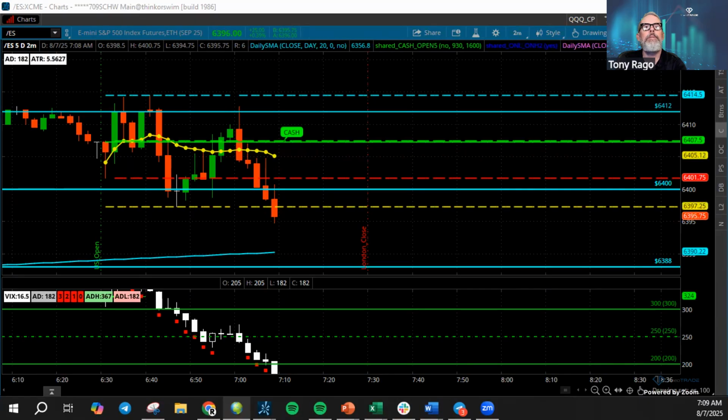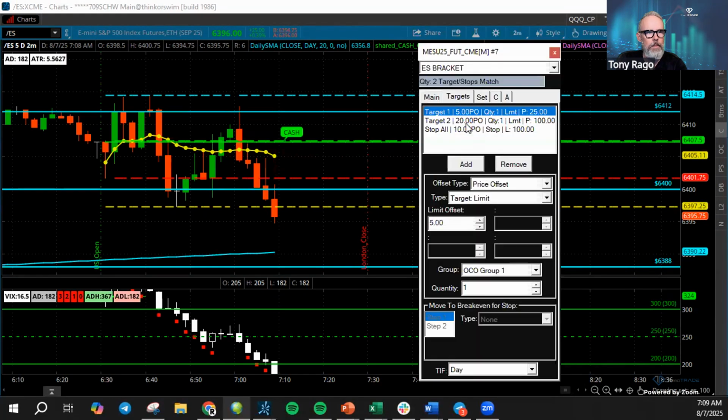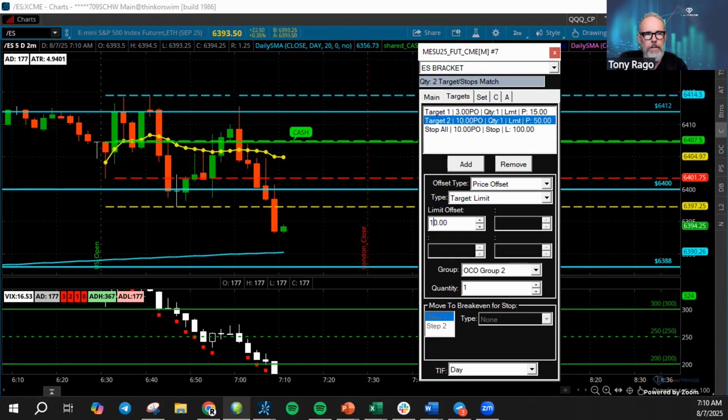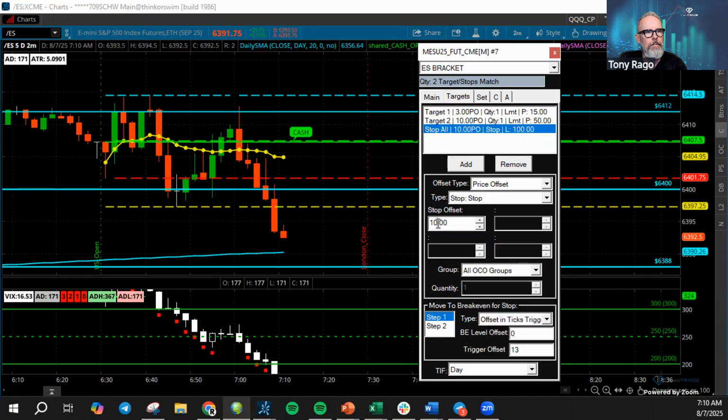This is the bracket that I use typically for the ES when it's really wide, but I don't want to use a 10 handle stop today. I want to use a 5 handle stop. So we're going to take risk out of the trade. When it goes 3 our way, we're going to look for 10 handle trades here, 10-point moves. So we are going to risk 5 on this.